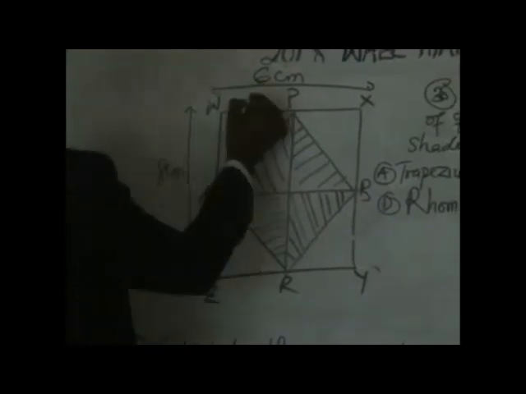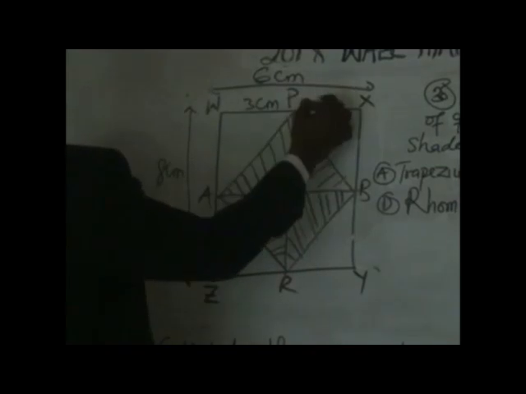So the length between here and here is 6. That means here will be 3. Here will be 3. Here, WZ is 8 cm. That means here is 4 cm. Here is 4 cm. Are you getting it? So if here is 4 cm, here is 3 cm. Now you are asked to determine what type of quadrilateral this is.